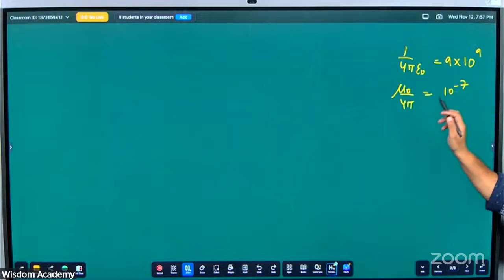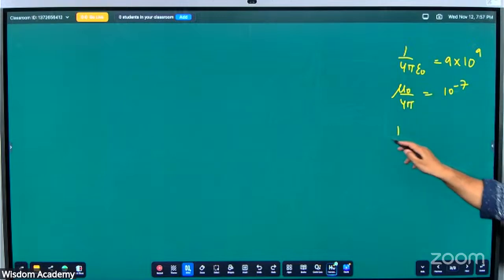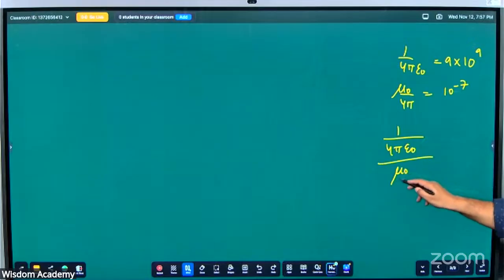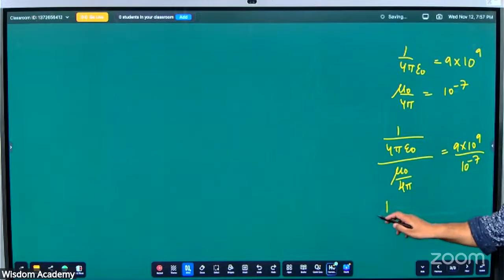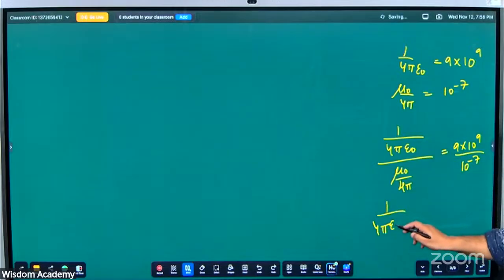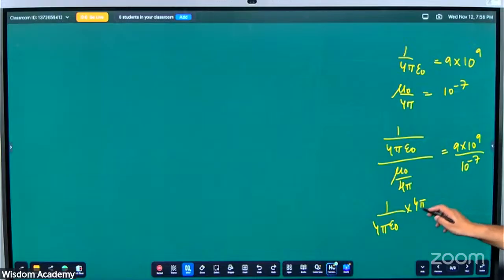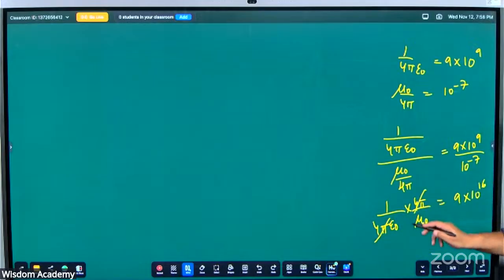If I divide 1 by 4 pi epsilon naught by mu naught by 4 pi, what do I get? I'm going to get 9 into 10 to the power 9 divided by 10 to the power minus 7. What will happen here? 1 by 4 pi epsilon naught into 4 pi by mu naught. What will happen here? 9 into 10 to the power 16. 4 pi gets cancelled.